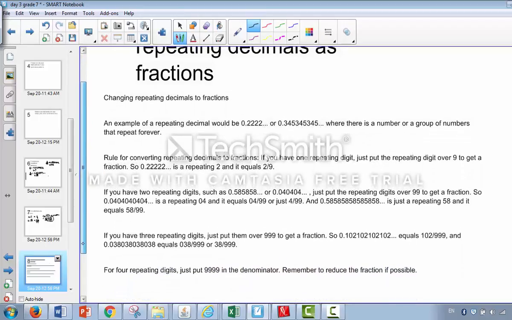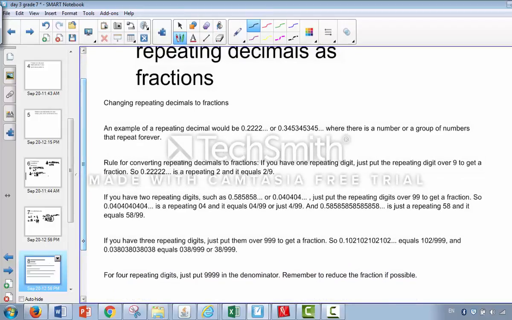In summary, this is written in your note sheet online, but I just want to quickly go over it. An example of a repeating decimal would be 0.2222 repeating, or 0.345345, where there is a number or group of numbers that repeat forever. The rule of converting decimals to fractions: if you have one repeating digit, just put the repeating digit over 9 to get the fraction.